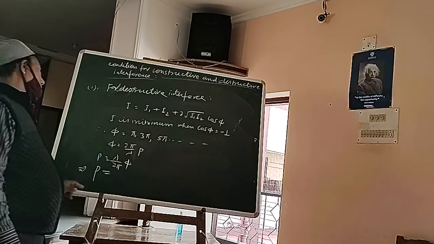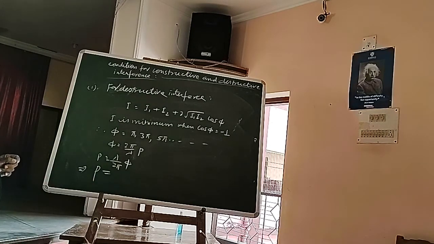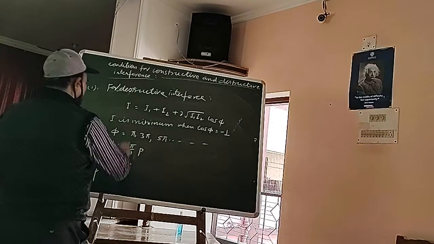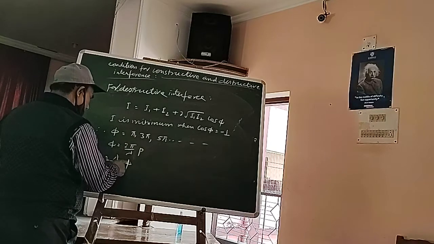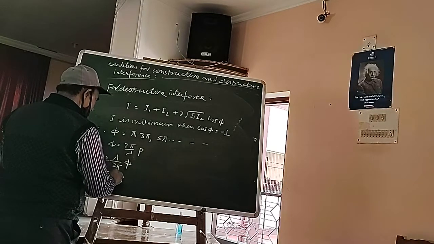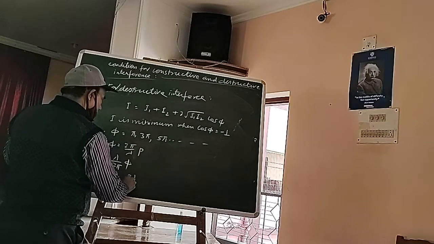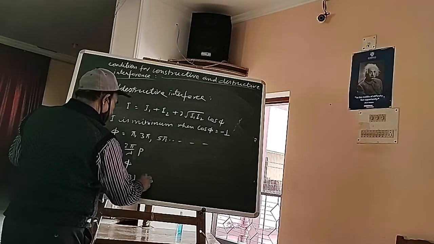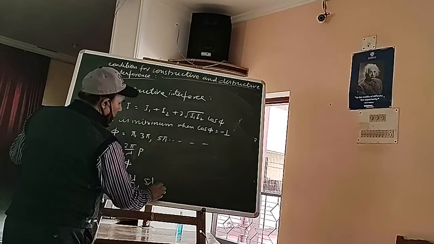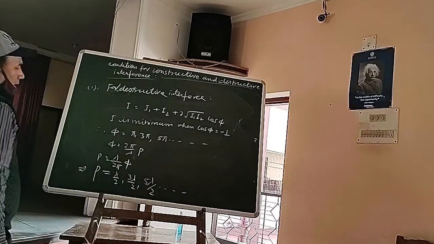Now if we put the value of phi as pi, pi pi cancel, we get lambda by 2. Put 3 pi, we get 3 lambda by 2. Put 5 pi, 5 lambda by 2 and so on.